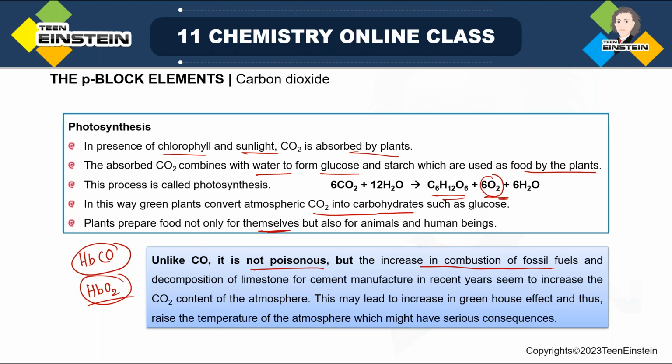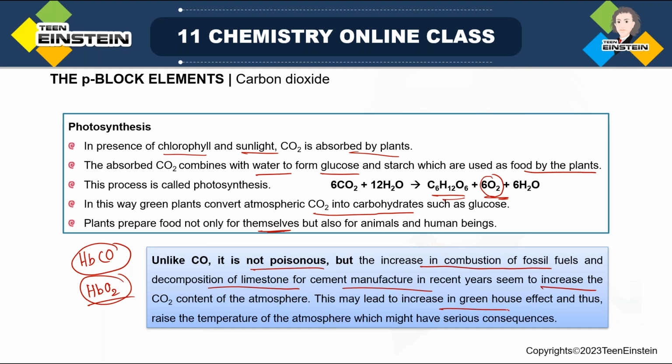Another process is decomposition of limestone, that is calcium carbonate, for cement manufacture, and that is in recent years. These two processes increase the amount of CO2 in the atmosphere, and as a result it will lead to greenhouse effect, that is heat will be trapped in a certain layer of the atmosphere.